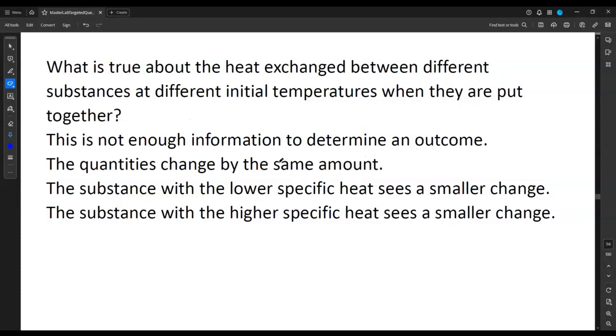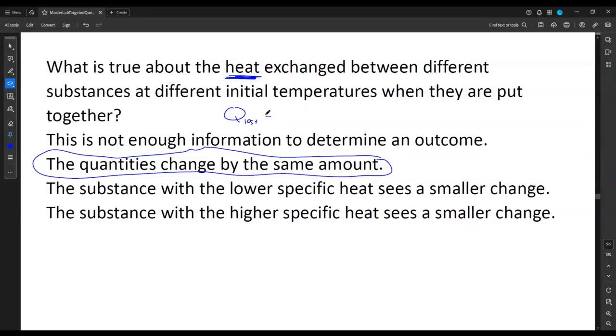It might seem like I'm leading up to saying there's not enough information, but specifically the heat exchanged, as a sort of conservation of energy, the heat itself is going to change by the same amount. That's the only thing technically that we do know, that whatever heat is lost from the warmer object is going to be heat that is gained by the colder object.